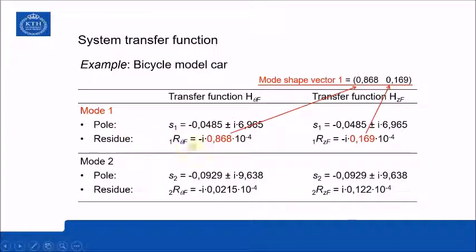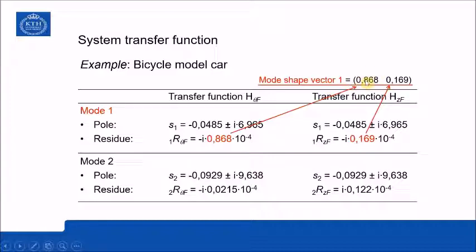Now the residues, this value and this value, will give you the mode shape vector. That is actually the relative amplitudes of the motion quantities that we measure.